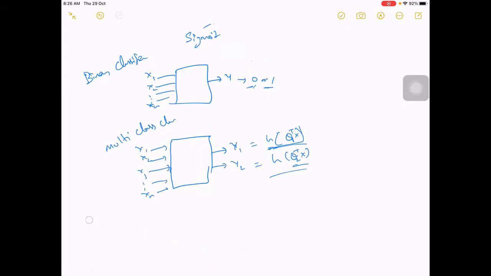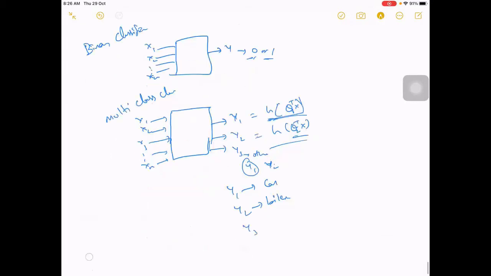During multi-class classification, y1 represents car, y2 represents bike, and let's say y3 is other. We can have it or we don't need it, that is also fine.